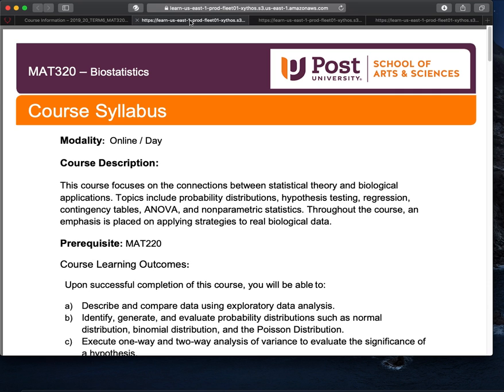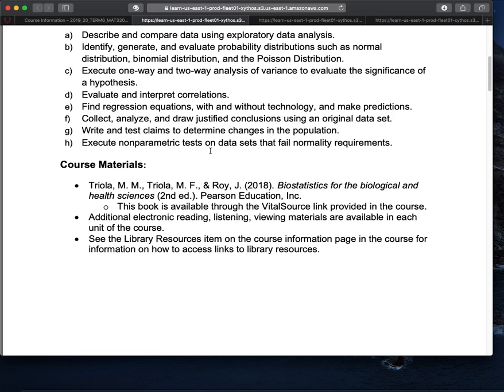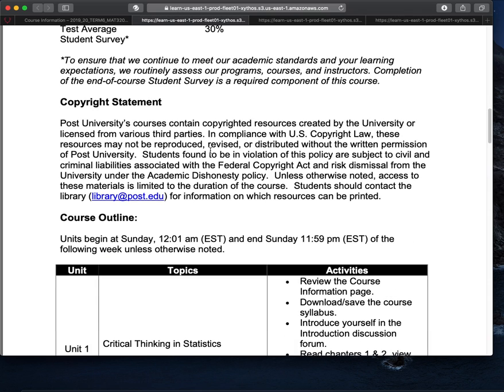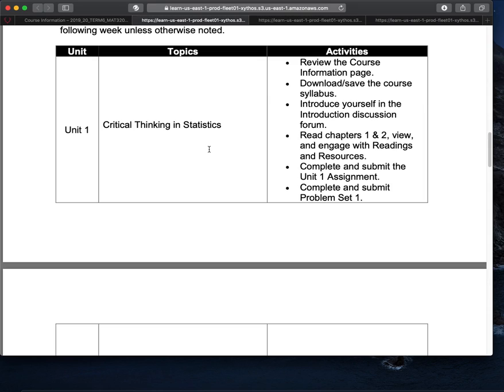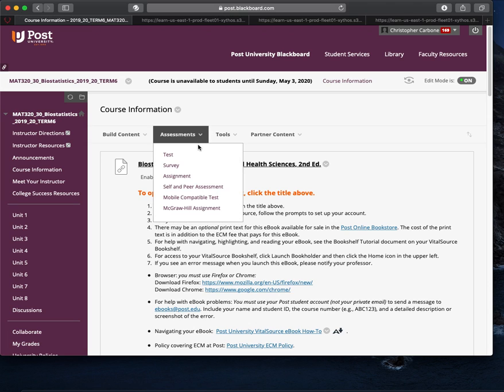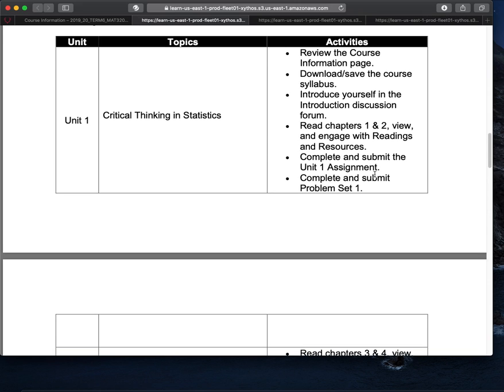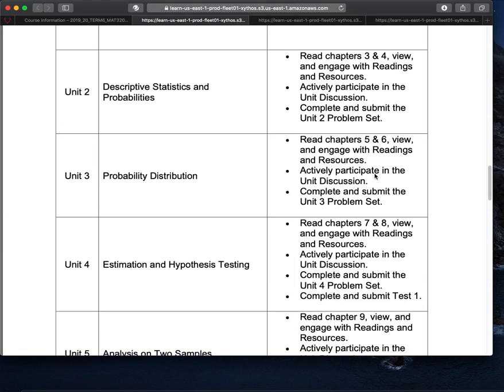The syllabus, which I completely passed right over in the course of this video, generates the same exact things that we saw before. I'm not going to reread through all of it, but you can see the course outline on here, which is not on the actual Blackboard page. On here, you can see the actual outline, which for this first unit is revolved around critical thinking and statistics. It tells you the different activities, what you should be doing for the unit.